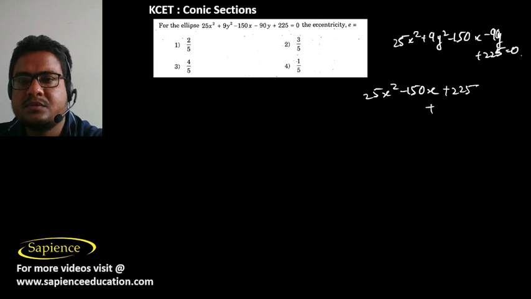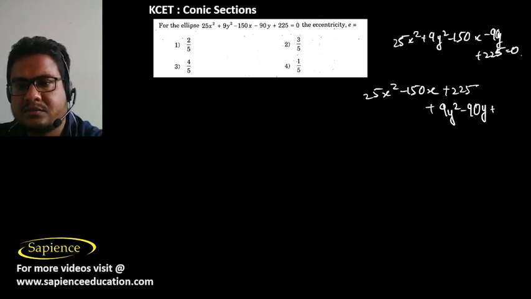Okay, and plus this is 9y square minus 90y, then plus we need 9, 3, so 2 3s are 6, 15 6 are 90, so 15 square, that is 225, that is equal to 225.